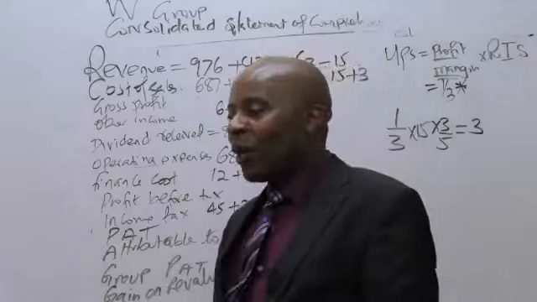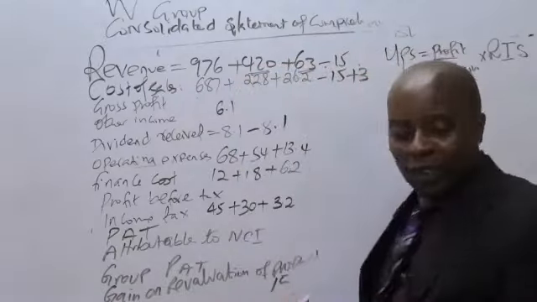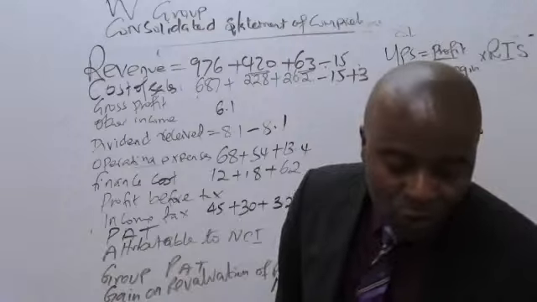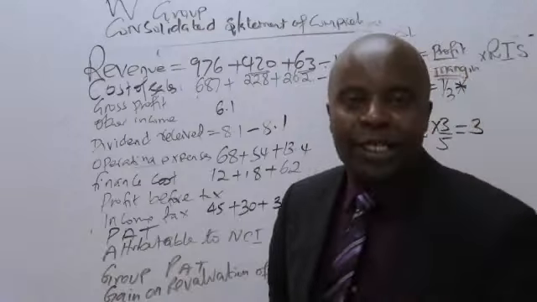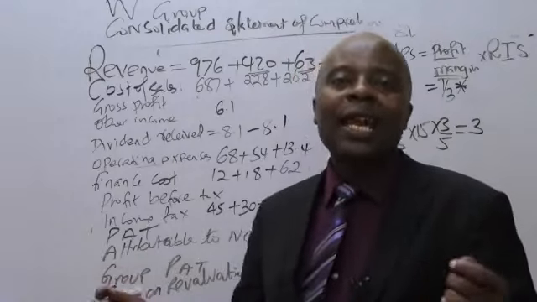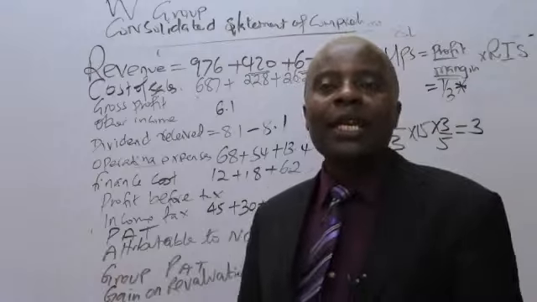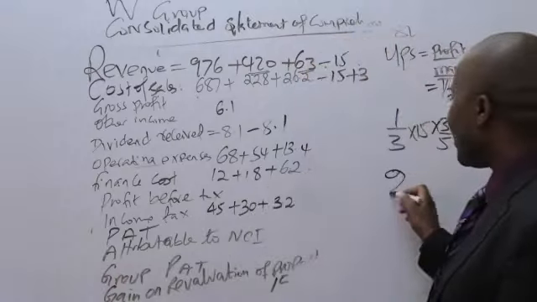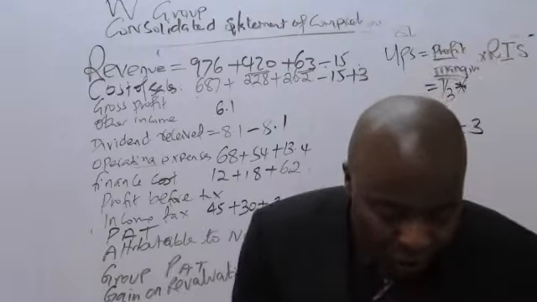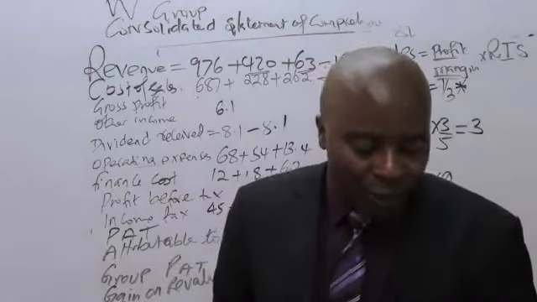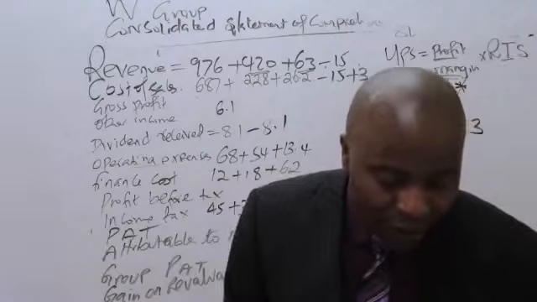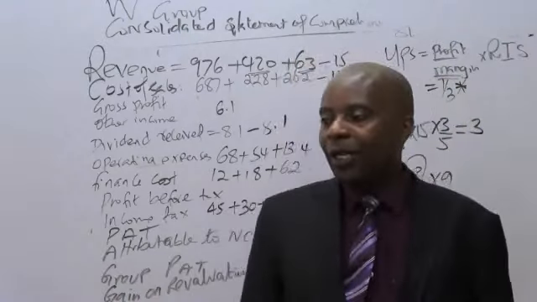How did I get 8.1? Very easy. Look at note number 3. W Limited owns 90% of the equity shares of F. And whatever dividend F declares, W will be getting 90%. So 90% of the 9. Remember, in note number 5 we are told that F declared an interim dividend of 9 million.